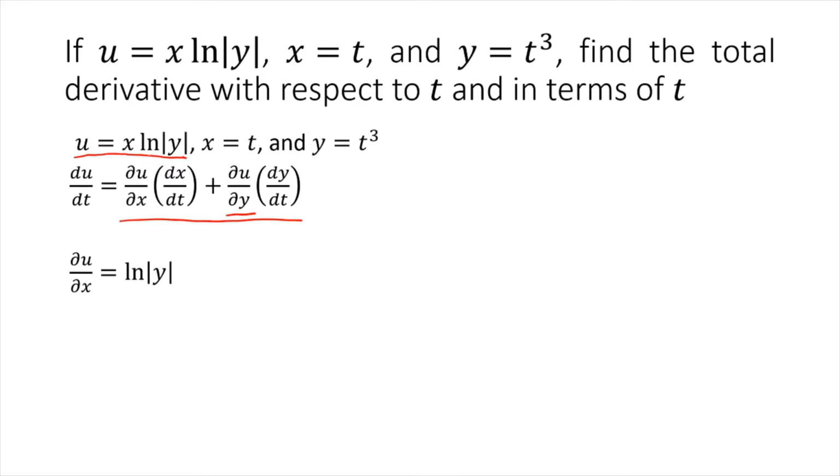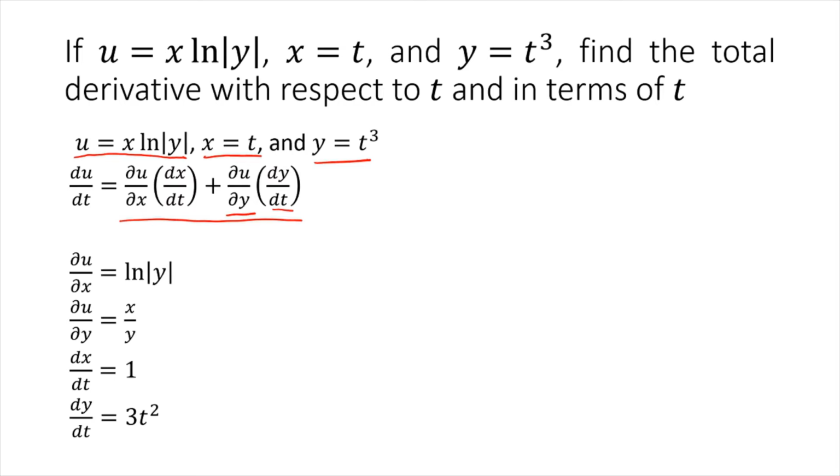So we have x over y for the partial derivative of u with respect to y. And then dx/dt, let's look at this equation. The derivative of x with respect to t is equal to 1. And then lastly, dy/dt, the derivative of y with respect to t, that's 3t squared.